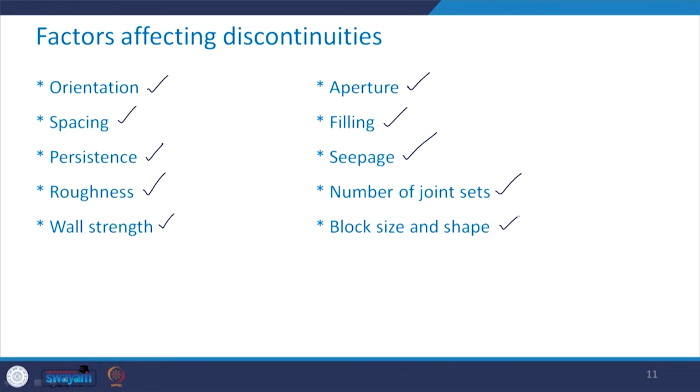So we will discuss these one by one in detail, because until and unless the importance of each of these is clear to you, you will not be able to appreciate the need for the classification of rock mass. Plus there are going to be various terms which we will be using pretty often while learning about the classification of rock mass, and therefore it is extremely important for you to know what those terms mean.